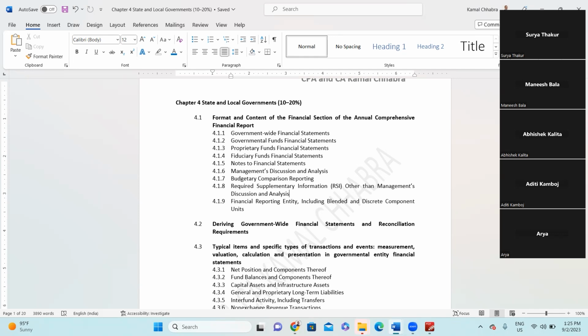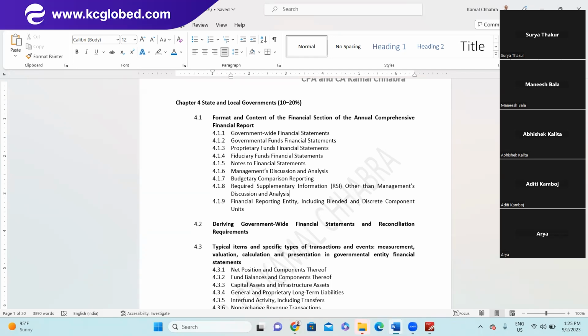Next is fiduciary fund. Have you heard this term before? Fiduciary. What do you mean by fiduciary? Any idea? No sir. Aditya? No, sir. What do we call fiduciary in layman terms? Fiduciary is something not real.